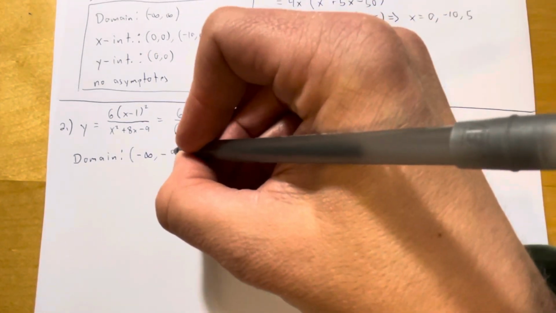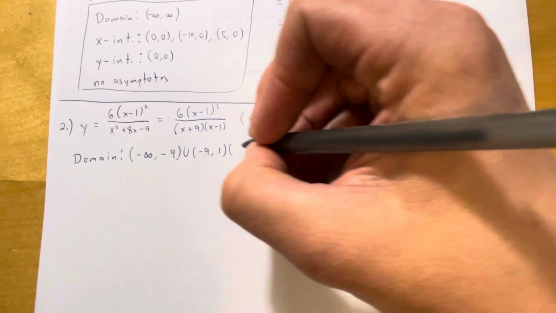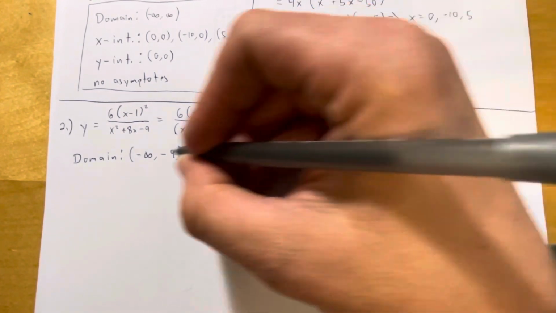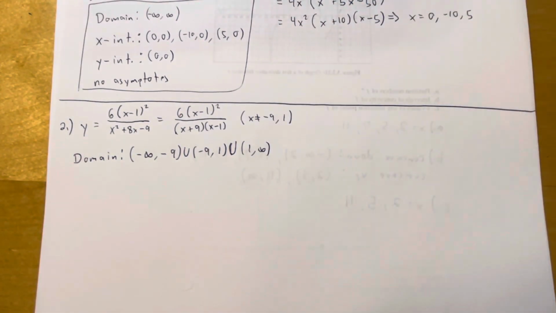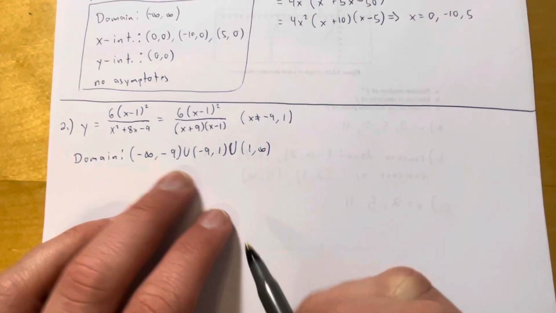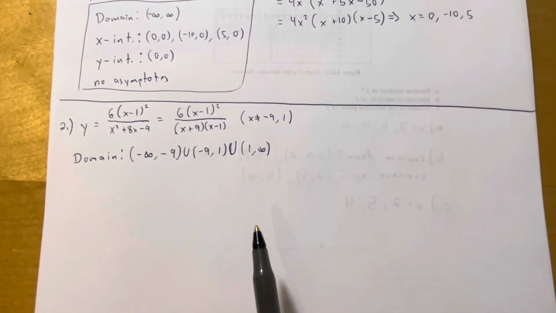So negative infinity to negative 9, union negative 9 to 1, union 1 to infinity. Remember that these have to be open intervals. If you use square brackets, you're implying that whatever end point you put that square bracket on is part of this domain, but that would be including either a negative 9 or a 1 when we're saying that we don't want to include those. All right.